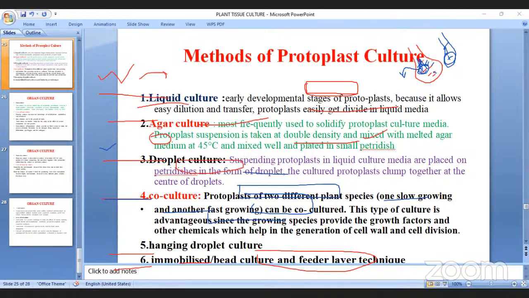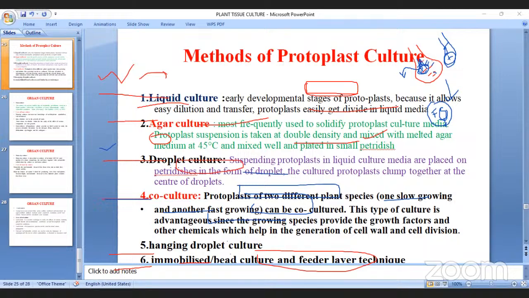Because of deposition of the growth factors. If we mix both, that means fast and slow, what happens? Both are mixed, meaning the growth regulators also mixed as well. As a result, the slow one also becomes fast. That is the advantage. And hanging droplet method, that is not an important one.